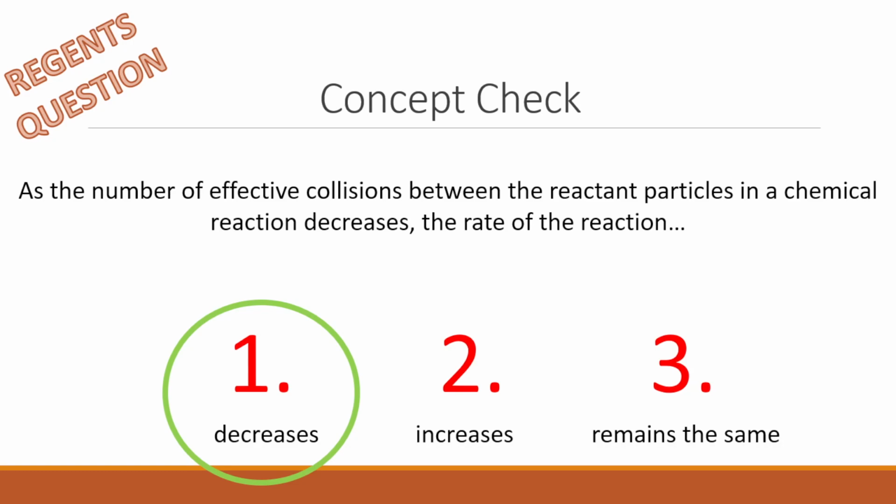And as we continue through this unit, as we talk more about kinetics and equilibrium, we are going to focus on this idea that effective collisions with enough energy at the right angle make a reaction happen. But, as for collision theory, that's really the gist of it.